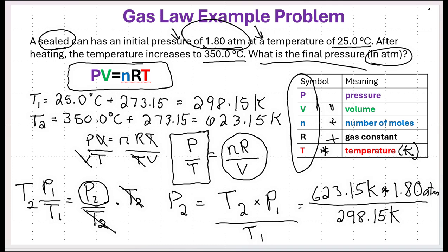We see that our Kelvin units cancel. We're left with atm, which makes sense for pressure. And our P2 equals, after rounding to three significant figures, 3.76 atm.